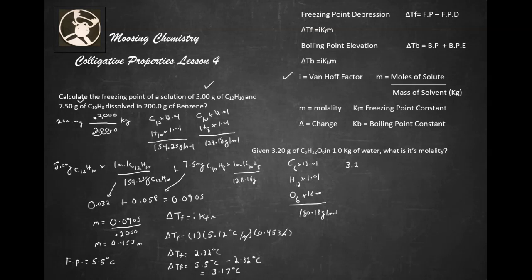Now that we have that, we have to convert 3.20 grams to moles. So we go 3.20 grams of C6H12O6 times 1 mole of C6H12O6 divided by the molar mass that we just calculated, which is 180.18 grams of C6H12O6.